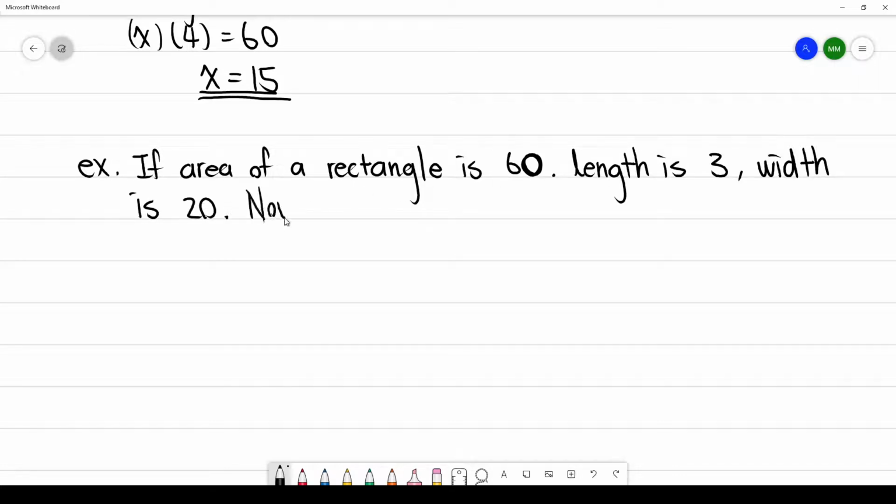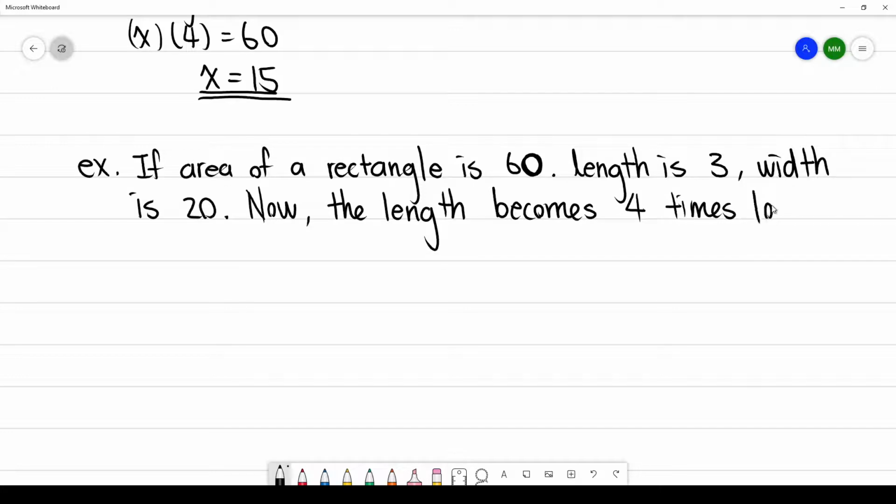Now the length becomes, let's say, 4 times longer. What is the width?